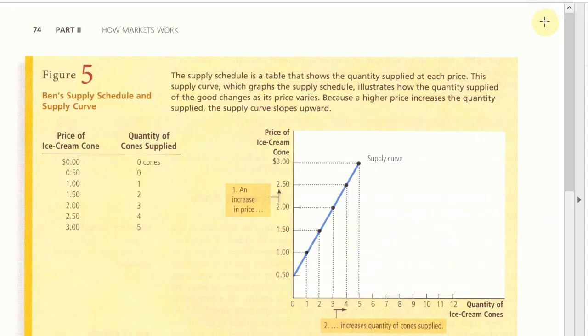As you can see in the table, this is what we call the supply schedule.